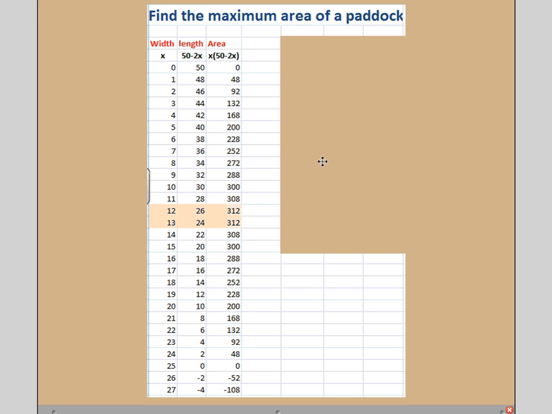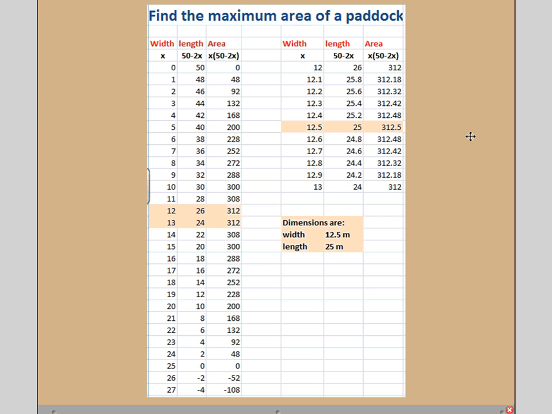So what we could do then is drill down and take increments of 0.1 between 12 and 13. I've gone up in increments of 0.1 of a metre, and we see that when we get to 12.5, we get a maximum of 312.5, then it starts to drop off again.